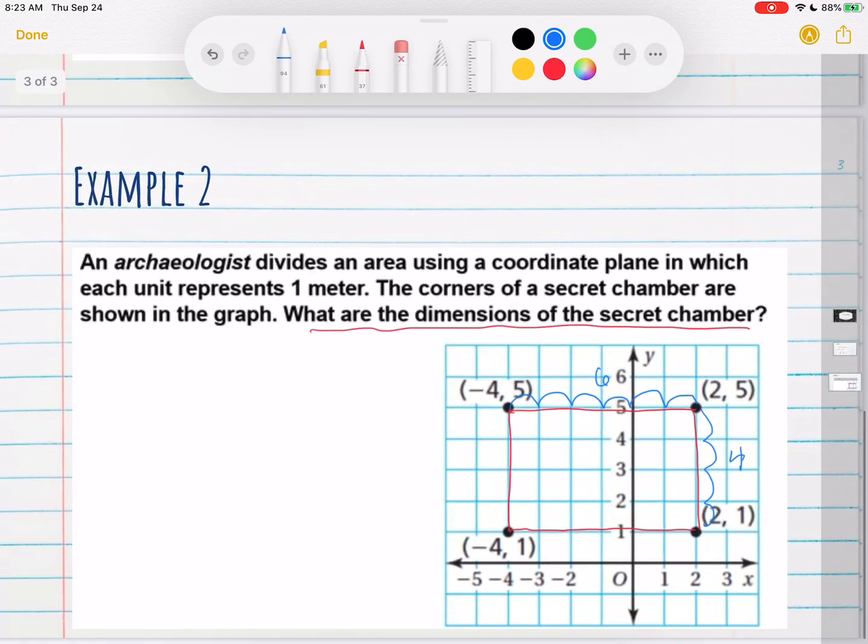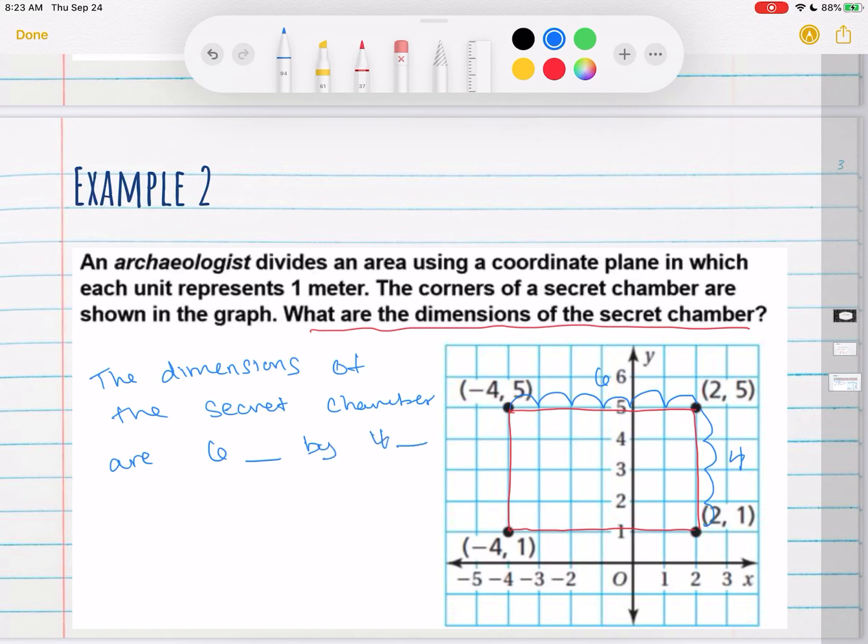So I could say that the dimensions of the secret chamber are 6. I'm going to leave a space for the unit by 4. Now what's my unit? Meters.